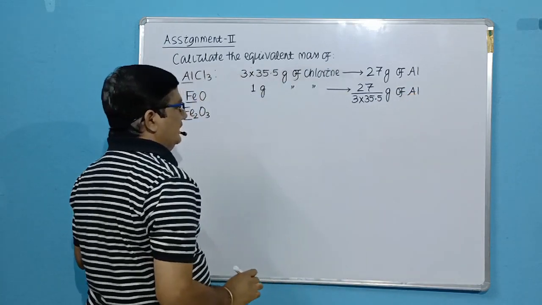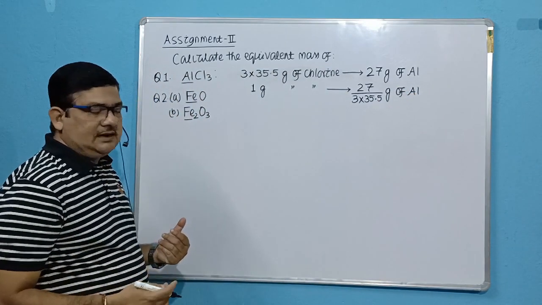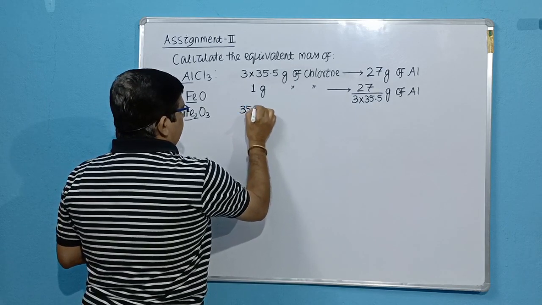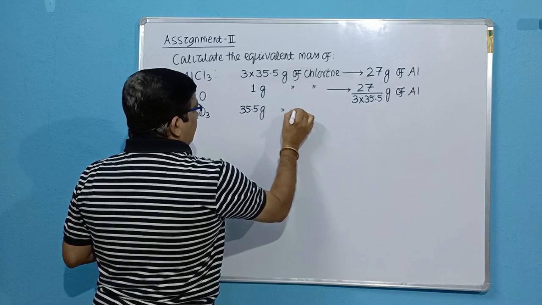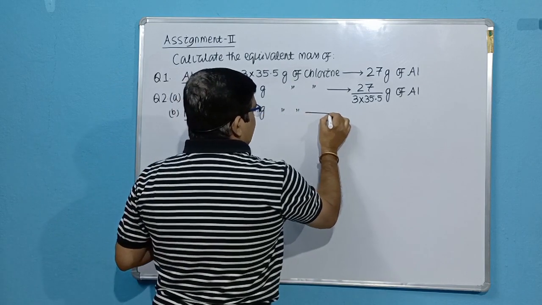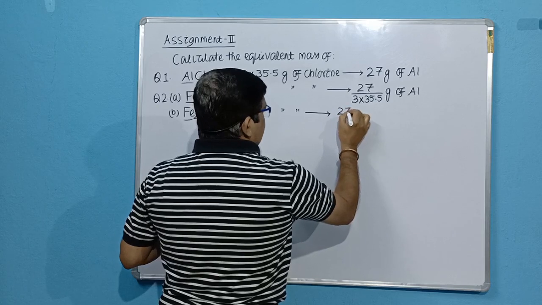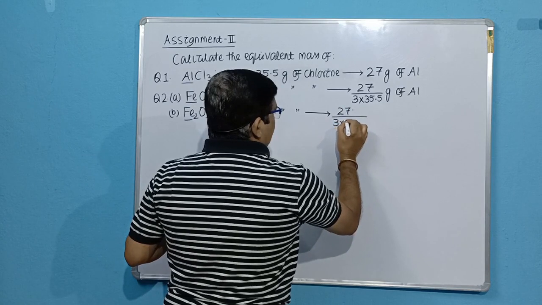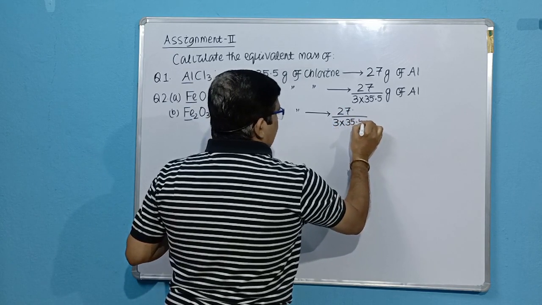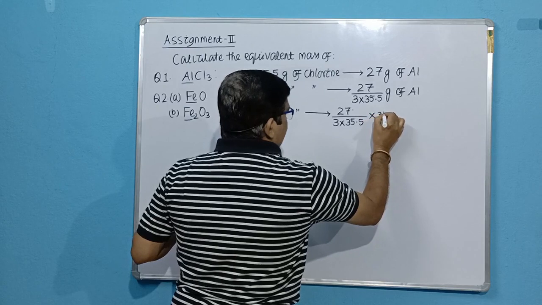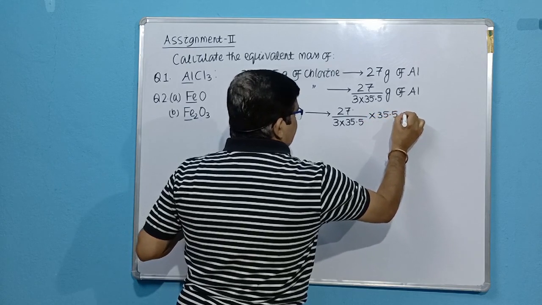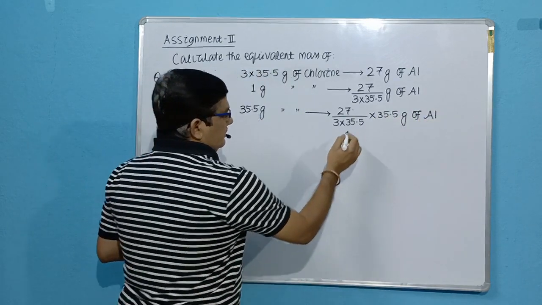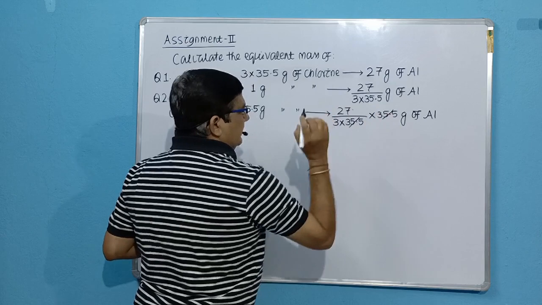Chlorine by definition, what we need is 35.5. So 35.5 gram of chlorine will combine with 27 divided by 3 into 35.5 into 35.5 gram of aluminium. Simple formula. So look, 35.5 cancels out.